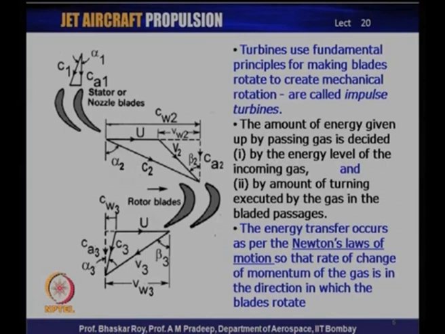You see, the blades are free to rotate in only one direction, and we have to ensure that the blades accommodate the gases and allow the gases to pass through them in such a manner that the rate of change of angular momentum occurs in a particular direction, and this direction is pre-decided by the design of the turbine blades.